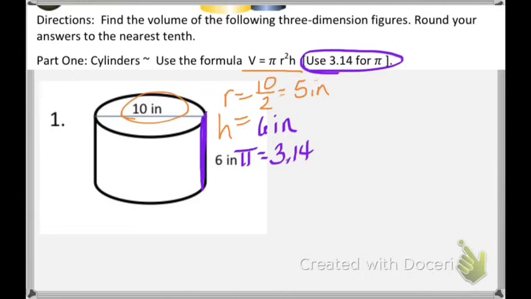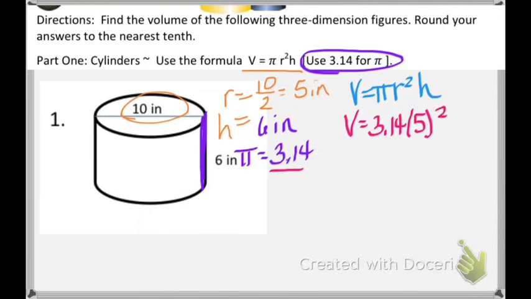We're going to use our formula that they've given us, which is V equals pi r squared h. Now we need to substitute in the values that we have to determine the volume. So volume equals, well, pi was 3.14, that's what they told us. So I'm going to write down 3.14. And then r squared would be 5 squared. Now remember, when we square something, that means we're multiplying it by itself.